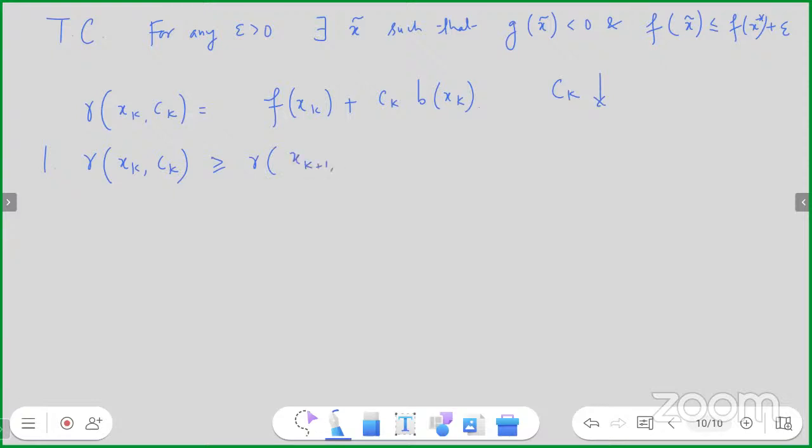Something is not clear? Okay, so what does it mean? Essentially, you have this constraint set. That's what it means, that x tilde is in the constraint set, g of x tilde less than 0. What is it guaranteeing? That f of x tilde is at most f of x star plus epsilon.